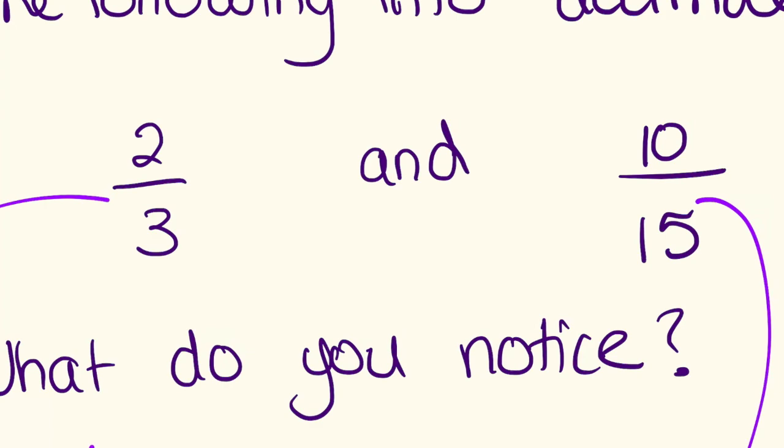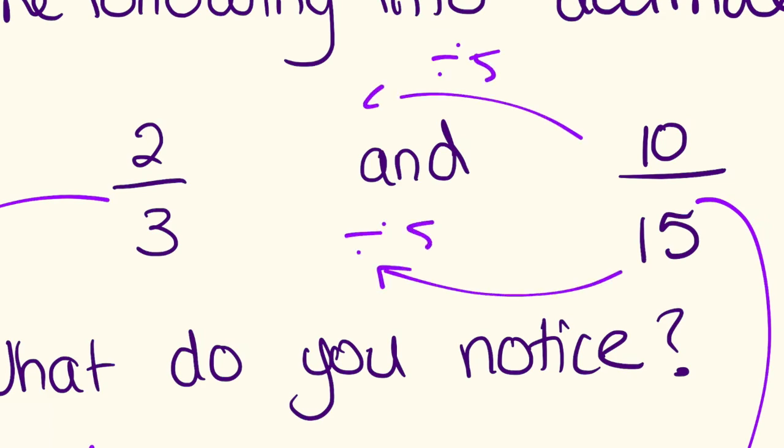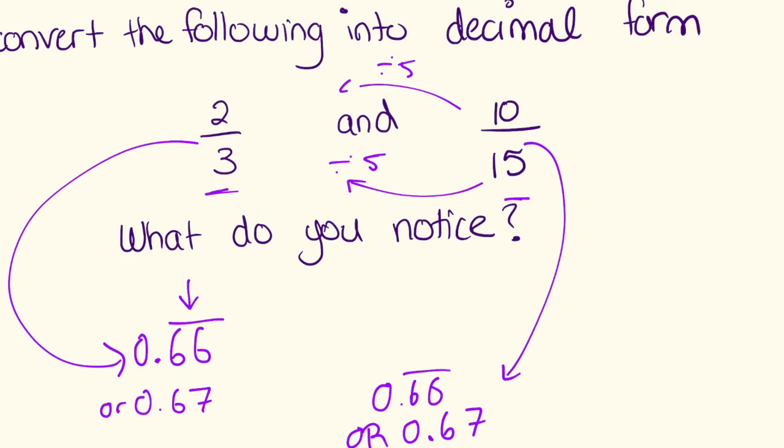If I multiply both the numerator and the denominator by 5, I get 10 and 15. Or in the opposite way, if I were to divide 10 by 5, and divide 15 by 5, you would notice that this is the reduced form of this fraction. Regardless, they both produce the same decimal when we divide.